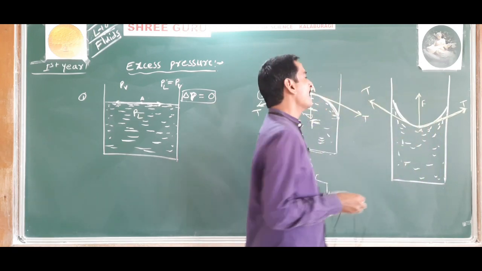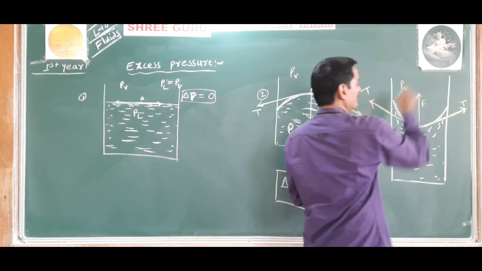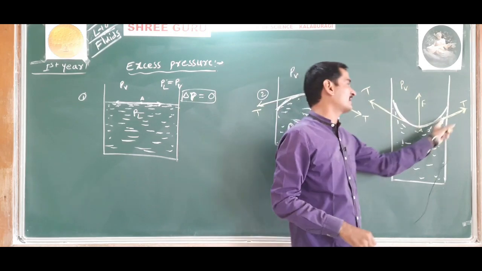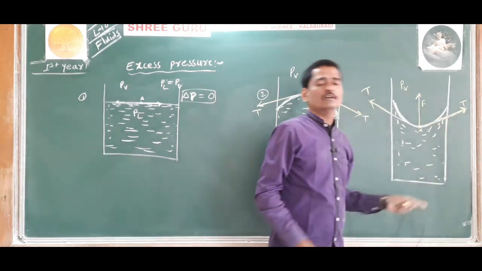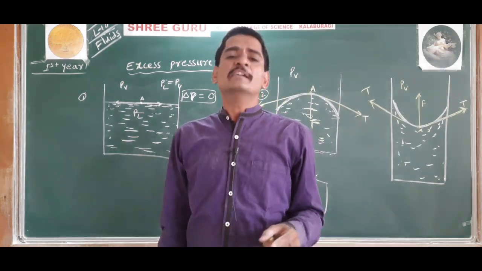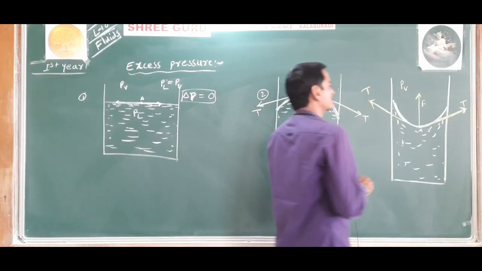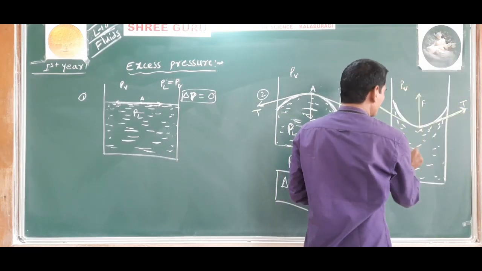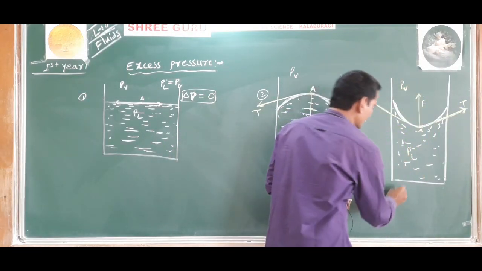Hence for this concave surface to be in equilibrium, the pressure on the vapor side must be greater than the pressure on the liquid side.